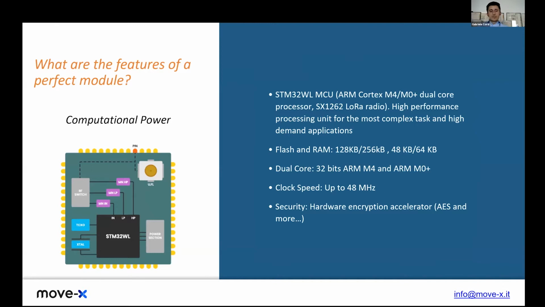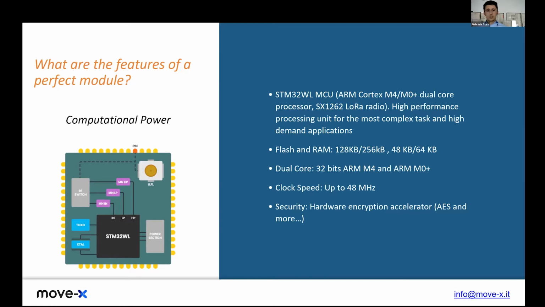As you can see, the architecture of the model is in this picture. There is the brand new STM32WL, which is the microcontroller that integrates a Cortex M4 and an M0 Plus, which are both accessible by software and firmware.